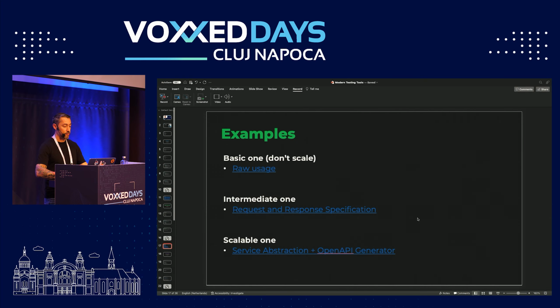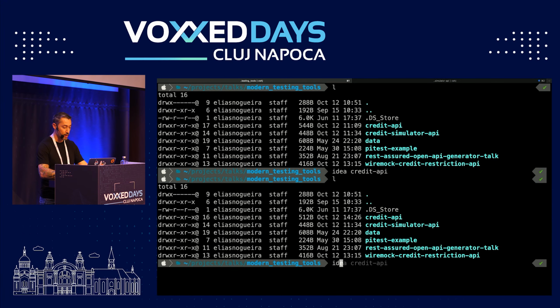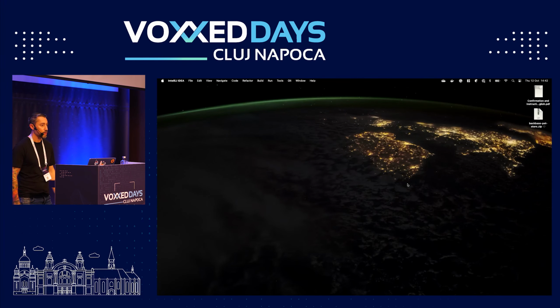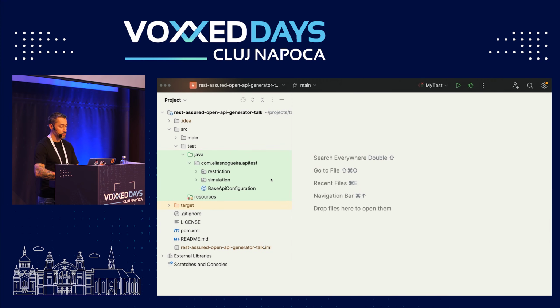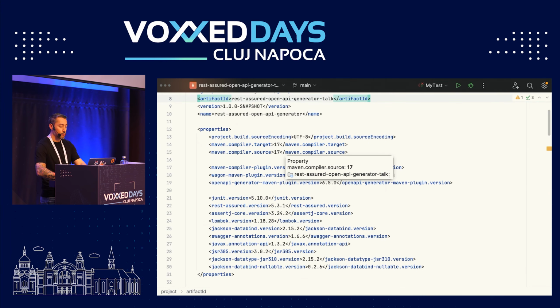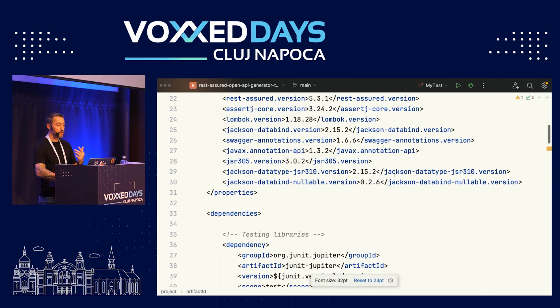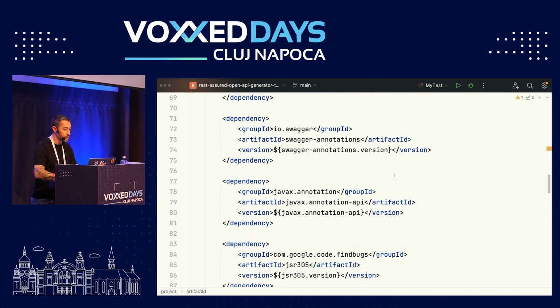What is the process to do it actually? The first thing I need is the OpenAPI spec, a YAML file from which I can understand the specs of the API.